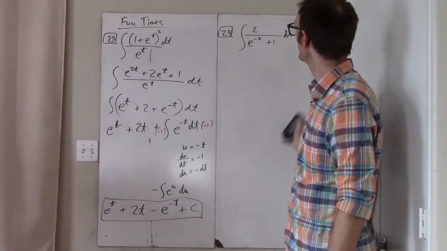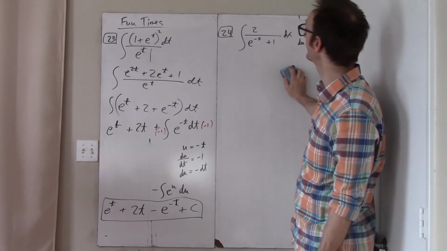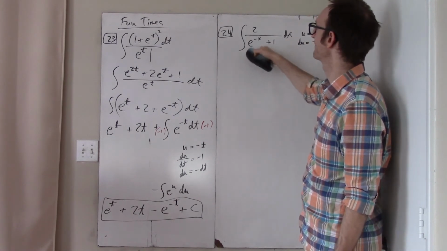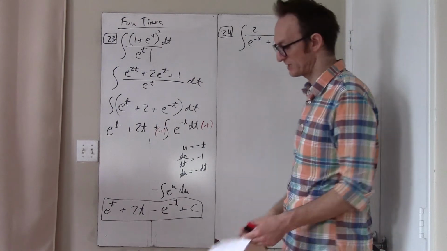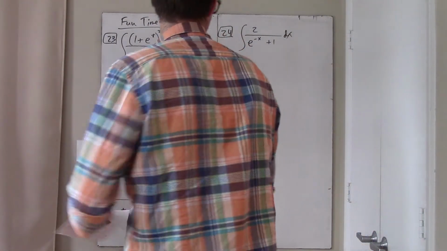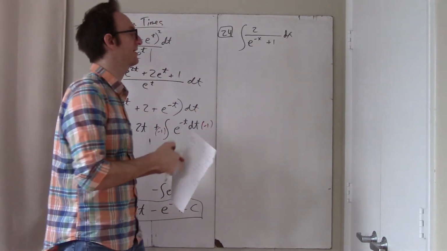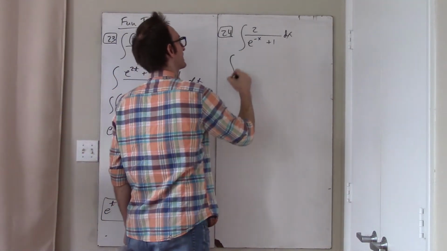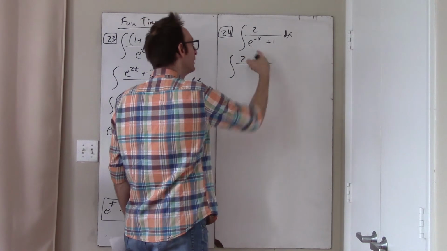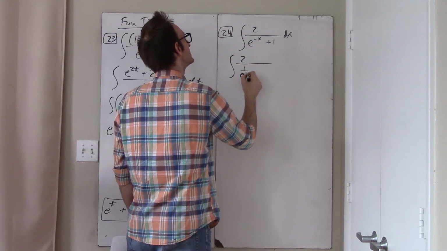One thing to try is to algebraically manipulate the thing I'm trying to integrate first, to see if it can be put into a simpler form. Just recall that e to the negative x really just means 1 over e to the x. So this whole thing becomes 2 over 1 over e to the x plus 1.